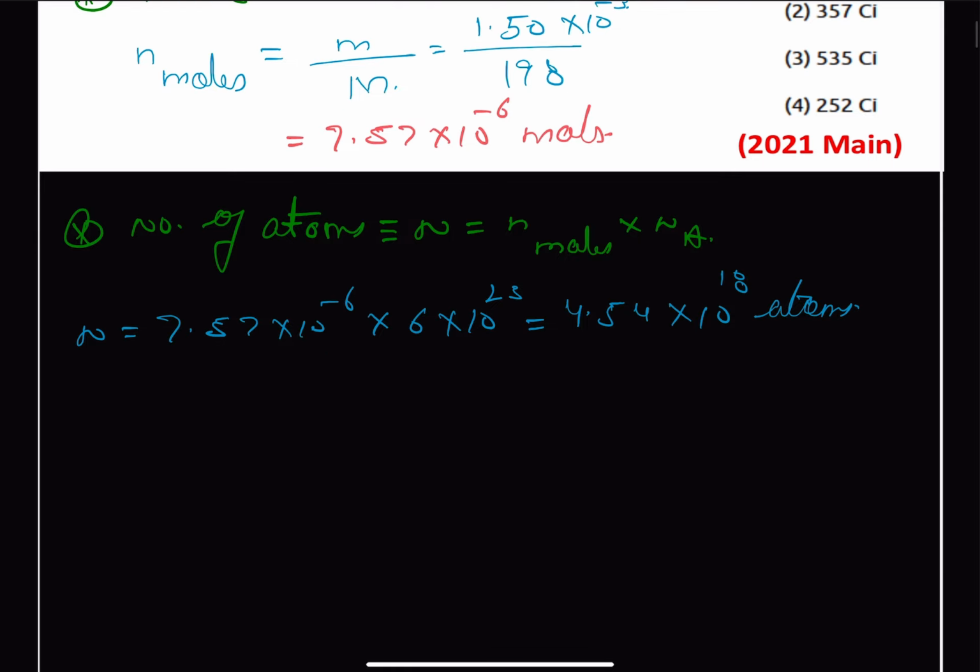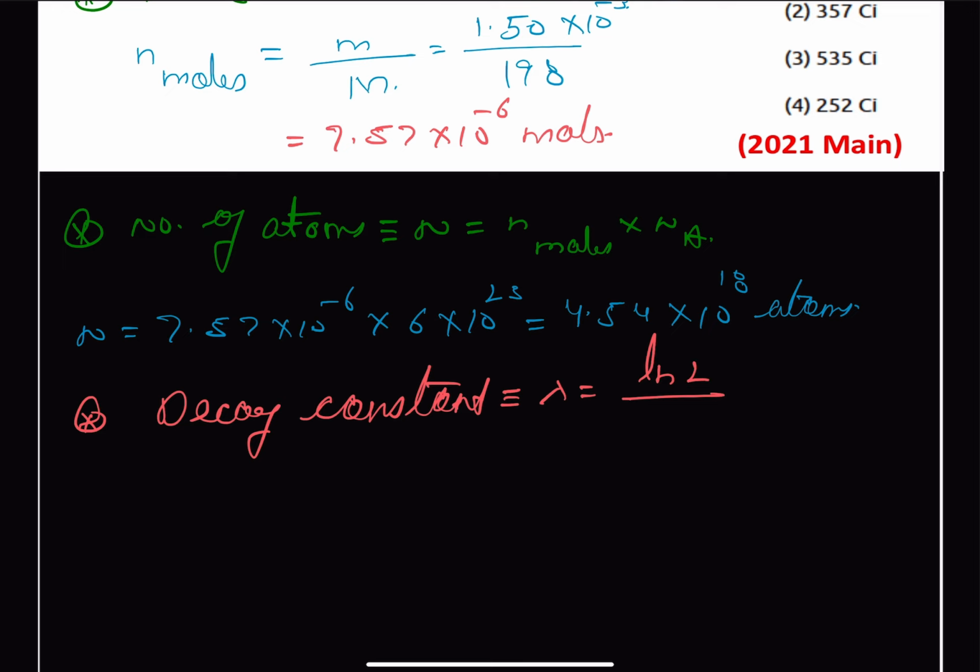Or let's write the formula directly for the decay constant. We know our decay constant, that is lambda, is equal to natural log of 2 divided by t half.